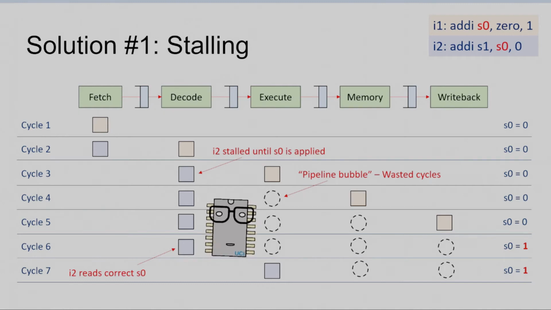So we have 5 sub-entities inside the processor, which in the ideal scenario, we want all of them to be doing useful work at every given cycle.